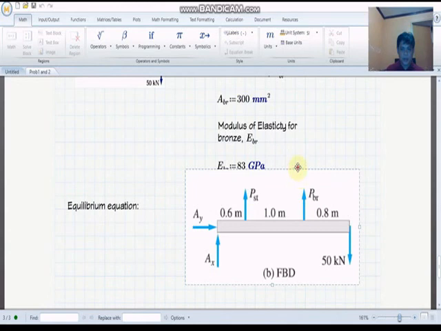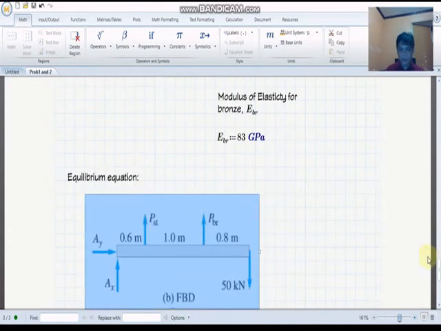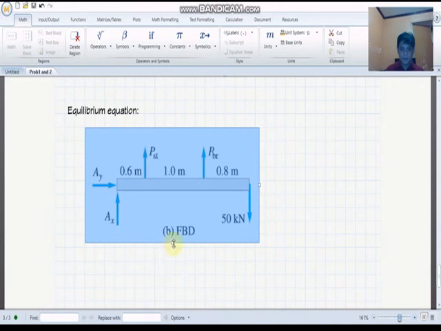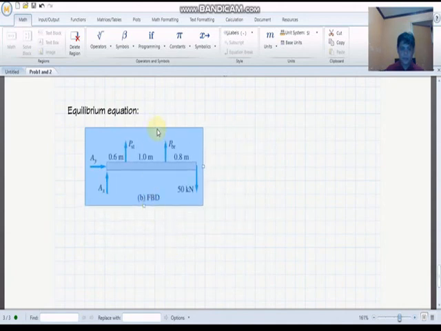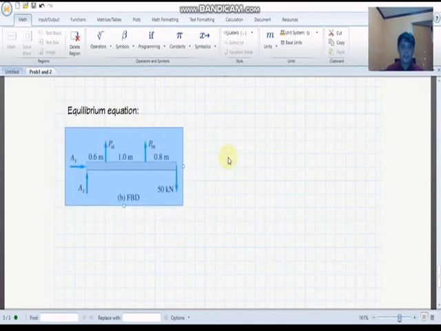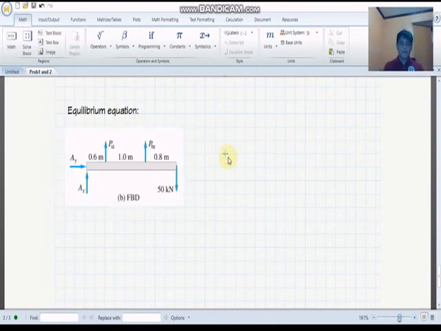Okay, so I have here now the free body diagram of the bar, and we have here the external forces applied at the bar. Since at A we have a pin connection, we have here two reactions, AY and AX. Then, since this bar is being acted on by a 50 kilonewton downward force and the rods are supporting this bar, the rods are in tension, so your steel is in tension as well as your bronze is also in tension.